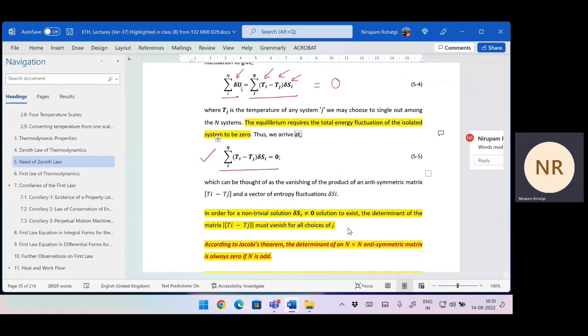Now, if this has to be 0, one solution is that delta Si equal to 0. Then this will be 0. But delta Si equal to 0 means you are assuming that there is no entropy fluctuations. But in reality, there will be. When two bodies are there, they are interacting.